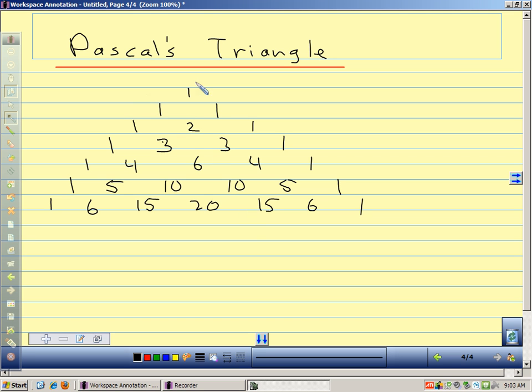So the first row would be for n equals 0. We call this the 0 row.